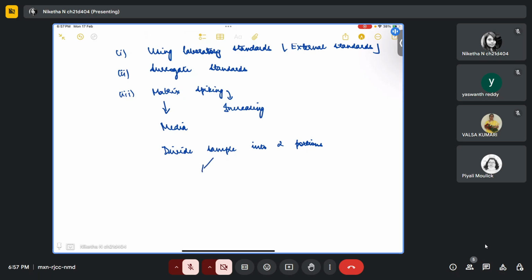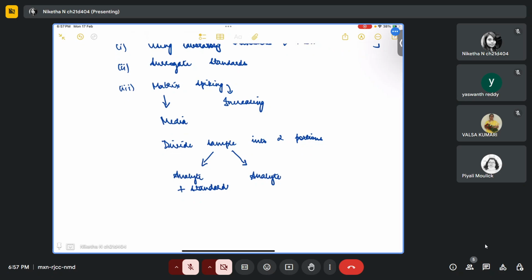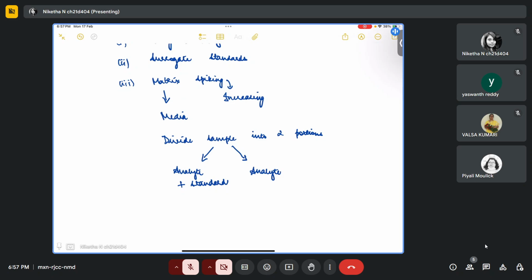So in one portion of the sample, we will have the analyte plus the standard, and in the second portion, we will have only the analyte. When we analyze these two samples, the difference in concentrations of both will tell us how much loss is happening. Is this clear?